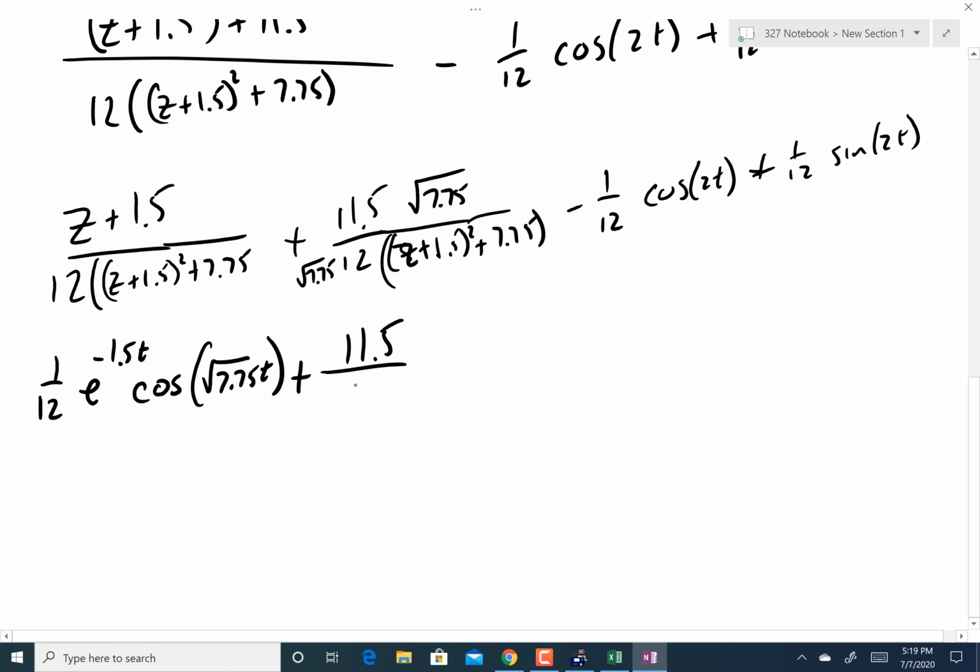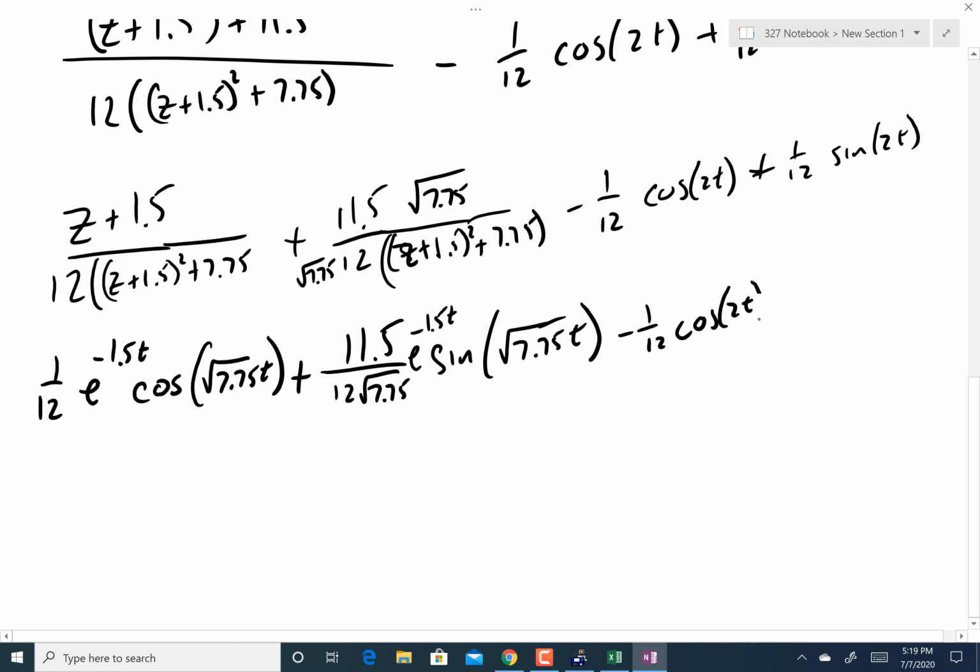So 11.5 over 12 square root of 7.75, e to the negative 1.5t sine of square root of 7.75 t, there you go, minus this. We're home free, baby. Transient, steady state.